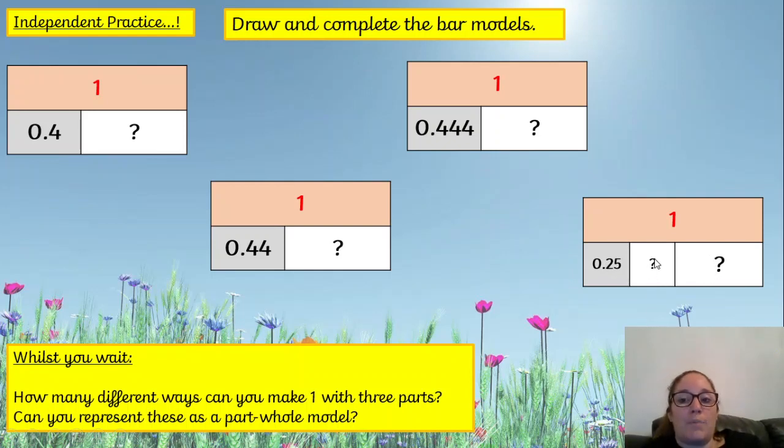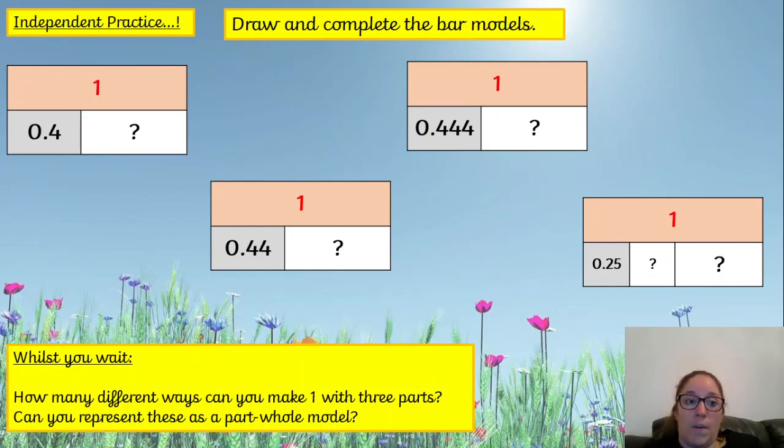Because you know this number here isn't going to be 0.1. Because if it was 0.1, it would be a lot smaller than this box here. And you know it's not going to be 0.85 because it'd be much bigger than this box. So use the size of the boxes to help you.